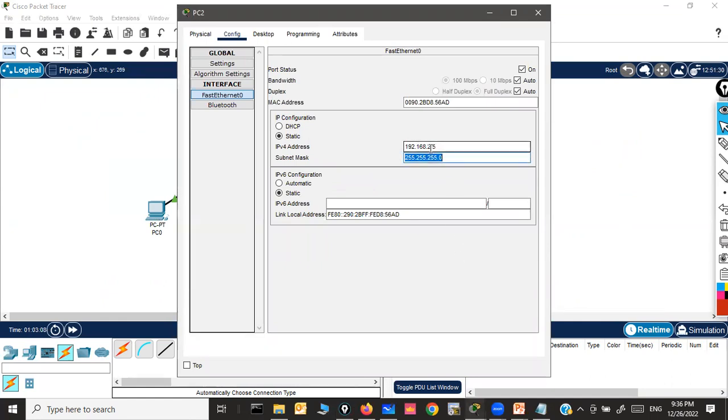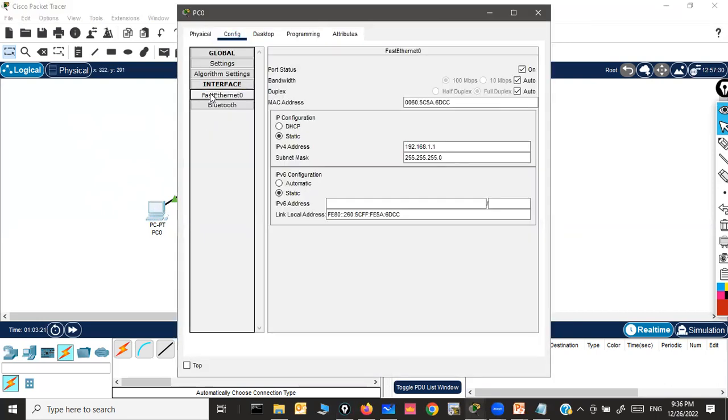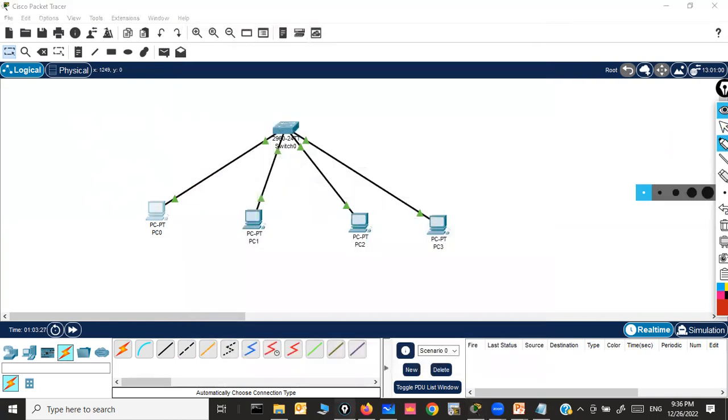No problem. But what I did, I changed the network portion. Look at the third octet, 2. It's 192.168.2, right? And here 192.168.1 means it looks like they all are in the same network, but no, they are not.